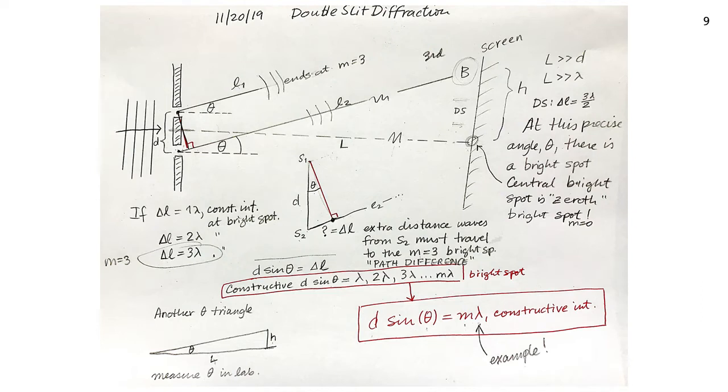All right, I'm going to orient this way. All right. 11, 20, 19, double slit diffraction.